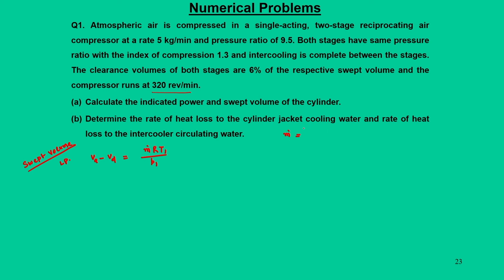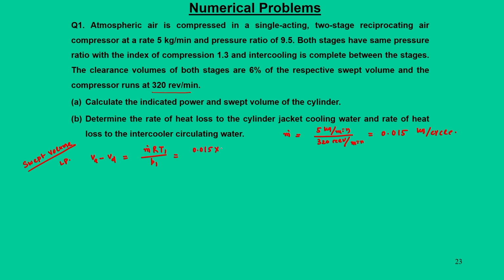So, m dot is equal to 5 kg per minute divided by 320 revolutions per minute.